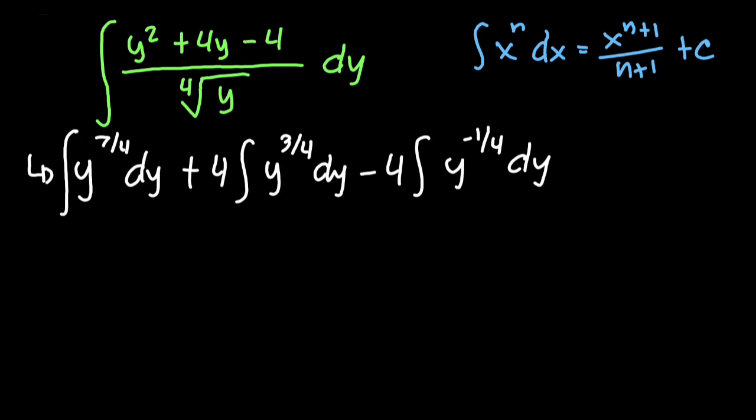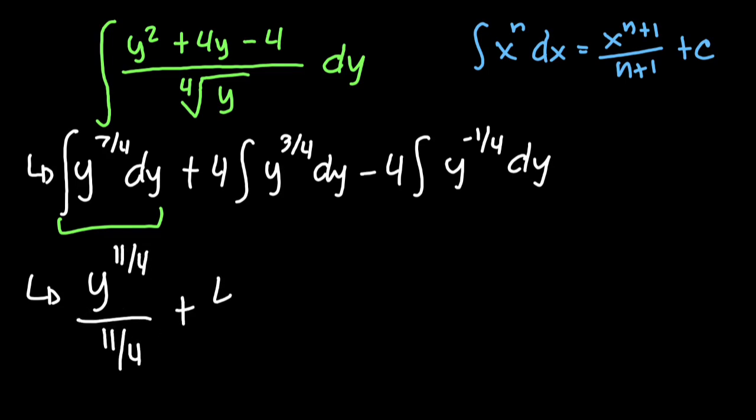And so, we can now integrate this one by one. Starting off with the first one, the integral of y to the power of 7 over 4 dy would be equal to y to the power of 7 over 4 plus 1, which is 11 over 4, all over 11 over 4, plus 4 multiplied by the integral of this: 3/4 plus 1 would be equal to 7 over 4.